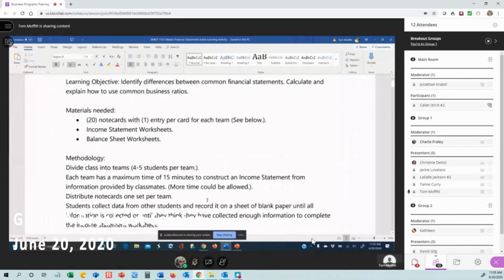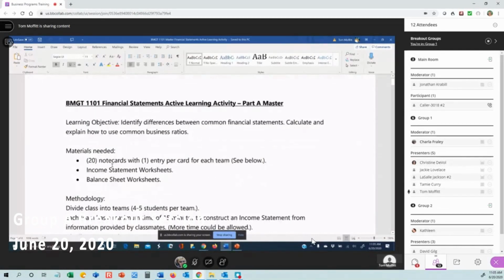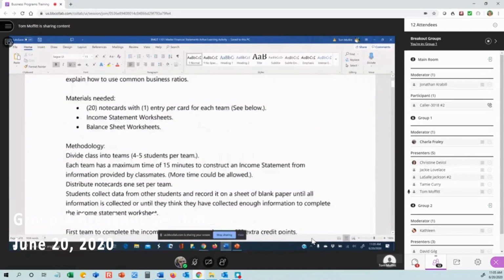The activity works like this. That's the learning objectives, and I break them into groups. You need 20 note cards with one entry for each set, and if you have 4 teams, you need 4 sets of these 20 note cards. It has income statement information and balance sheet information on it.